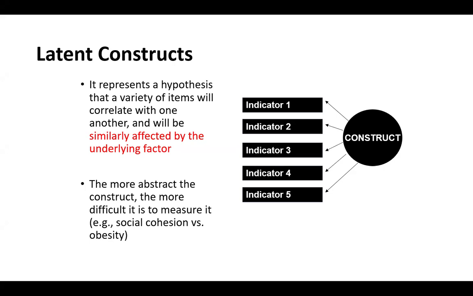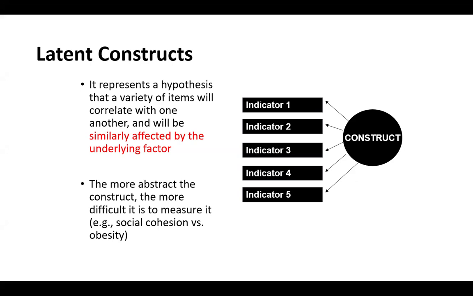And of course, the more abstract the construct, the more difficult it is to measure. I gave this example, social cohesion versus obesity. Obesity is a very simple measure. It could be obesity in terms of classifying people based on their weight and height. It could be abdominal obesity. Or it could be self-perception, whether you are obese or not, and you can show people some pictures and tell them to indicate how they perceive themselves.